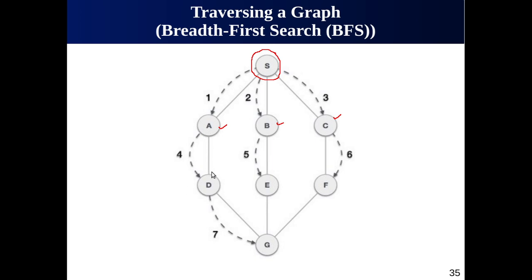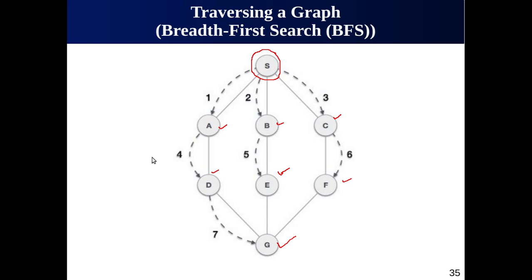Here we will explore node D, node E, and node F. We do not have more nodes at this level, so we move to the next level, where we have only a single node, G. So we visit that node as well. Such a technique is referred to as BFS, or breadth first search algorithm. This was an abstract level example.